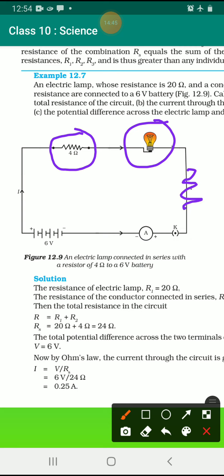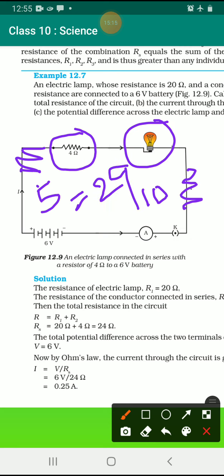Then the total resistance in series, you need to add it all: 4 plus 20 is 24, plus 10 is 34. If one more of 5 ohm is added in series, the total answer will be 29.